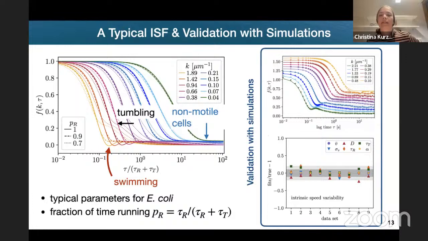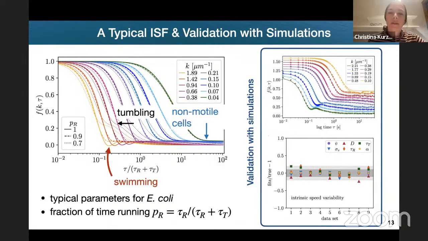Here you see a typical plot of such a fit. I should note that it's not easy to fit these data, and it's really important that experimentally one can measure data that cover a large range of time and length scales. We need to recover length scales that go down to where cellular diffusion is important, up to length scales that cover several times the persistence length of the cells.